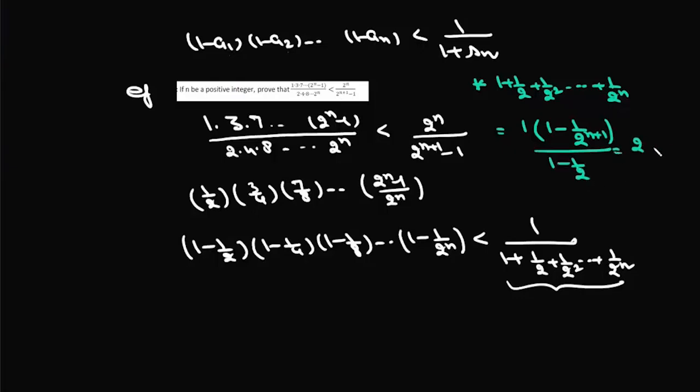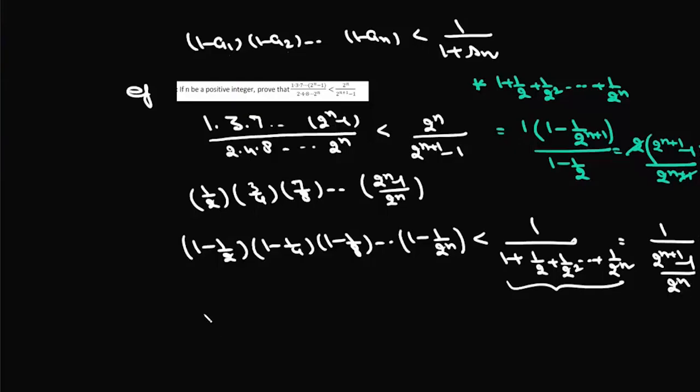So it will be this 2 and then 2 to the power of n plus 1 minus 1 upon 2 to the power of n plus 1. Now this 2 and 2 will cancel. So this value will be 1 upon 2 to the power of n plus 1 minus 1 upon 2 to the power n.